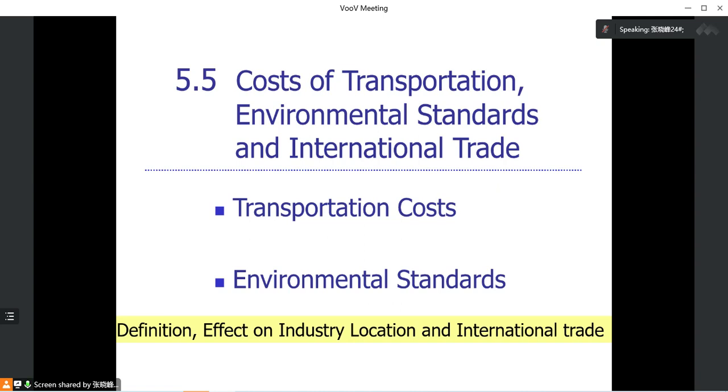The second one is environmental standards. What are the influences of environmental standards on international trade?